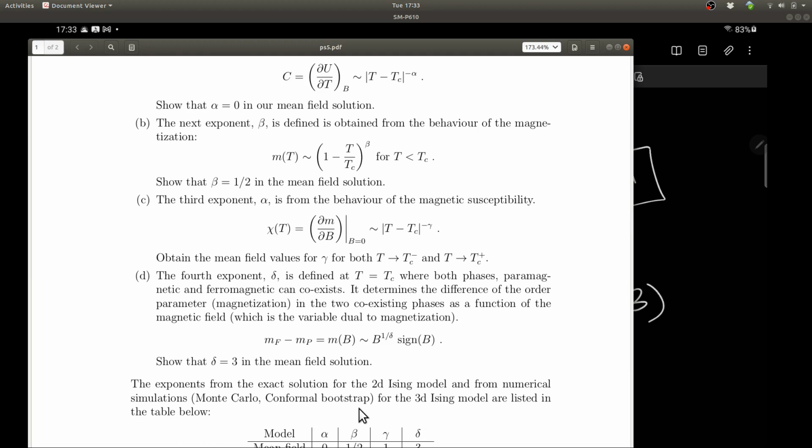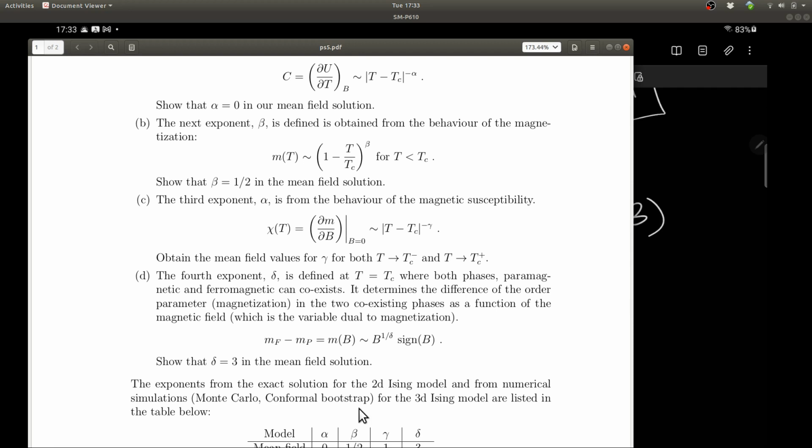I have to explain something here. Recall that this is computed at t equal to tc.